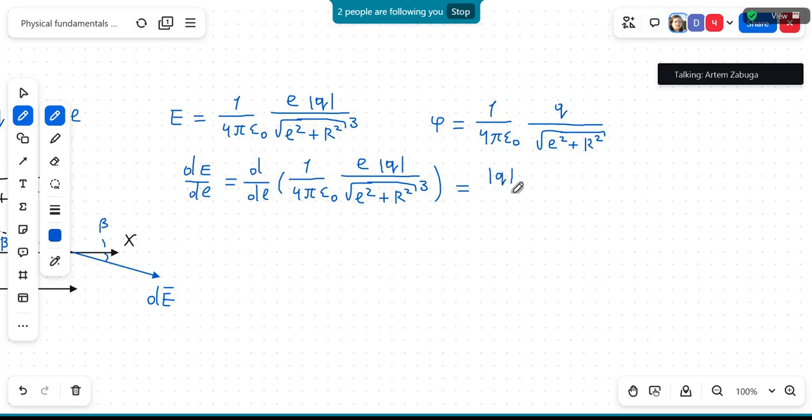So absolute value of charge Q divided by 4 pi epsilon 0, d by dL, open bracket, L divided by the square root of L to the power of 2 plus R to the power of 2, and this is to the power of 3.